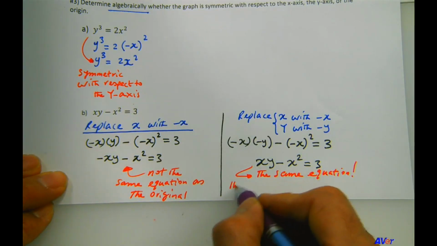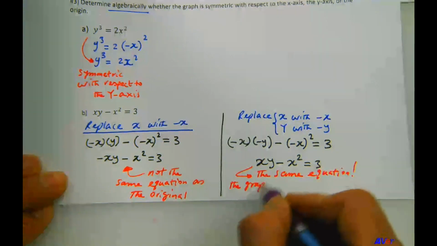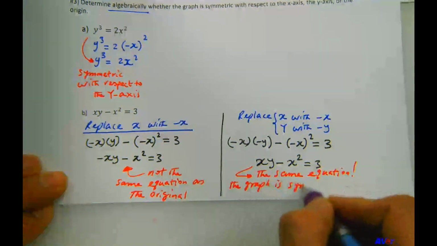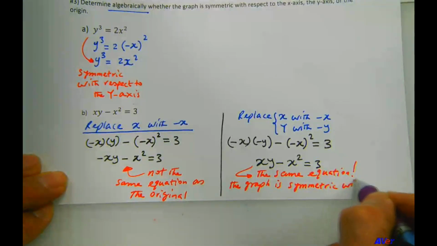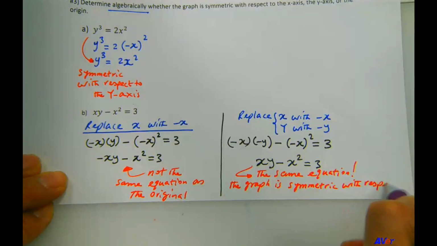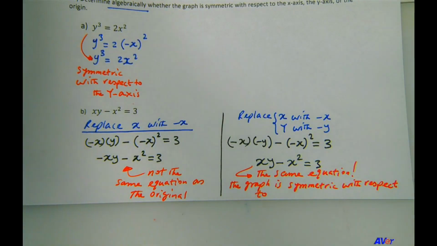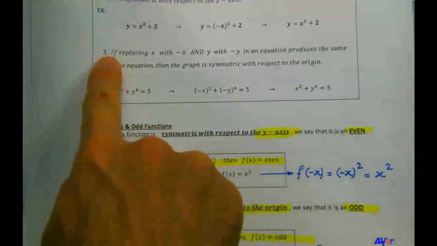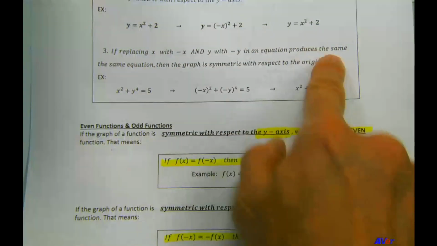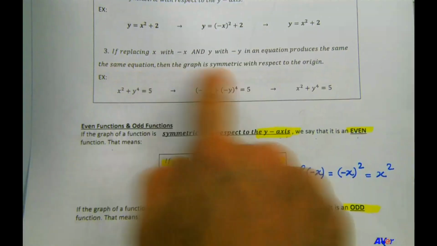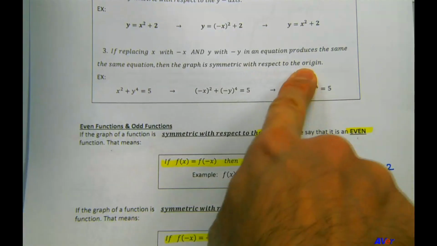So the graph is symmetric with respect to which one? Do you remember? We had that on the first page, right? Let me bring it back. It's the last one right here. Number 3. If replacing x with negative x and y with negative y in an equation produces the same equation, then the graph is symmetric with respect to the origin.